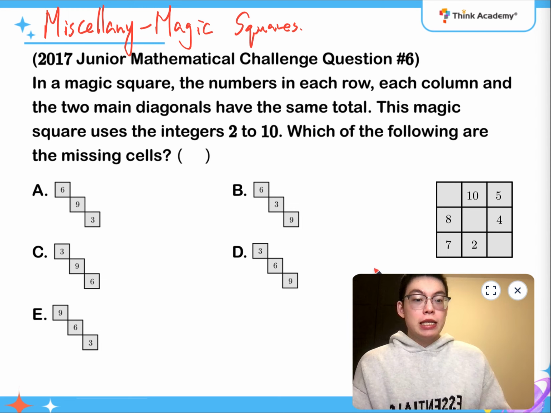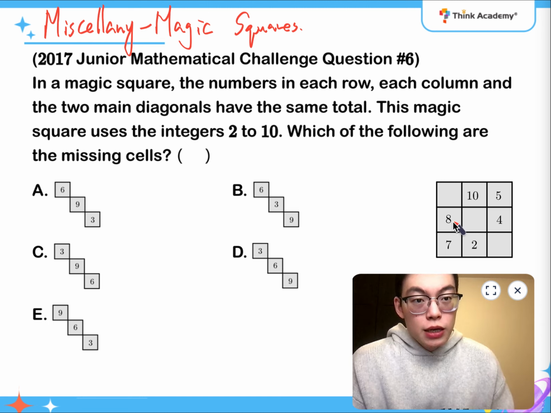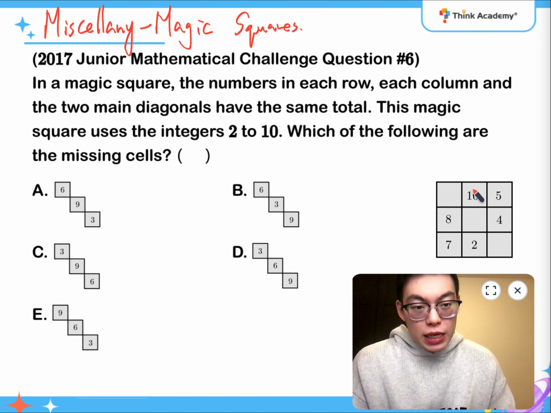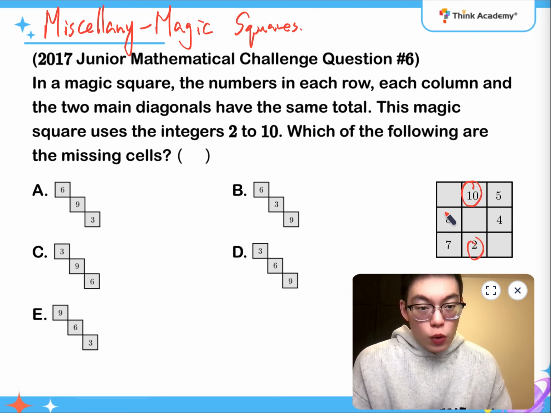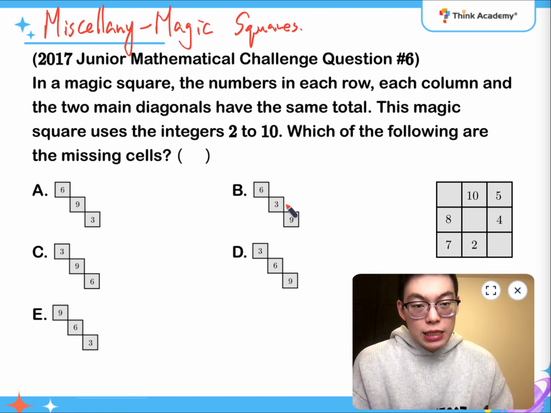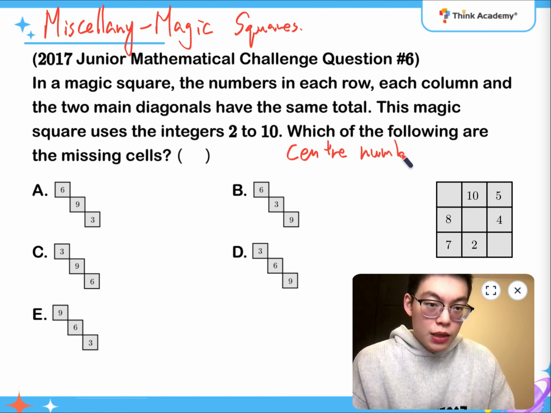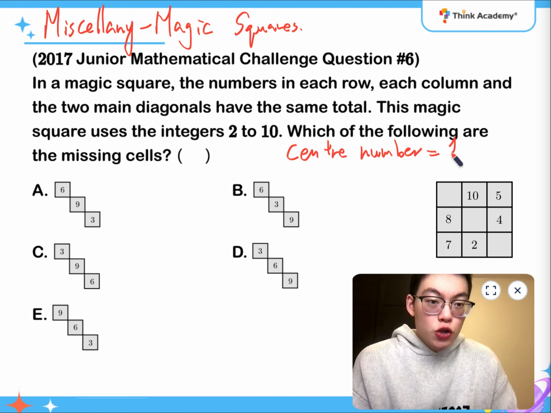So it means that it is equal to 1/2 of the two numbers on both sides of it. So we can see that 10 adding 2 is 12, 8 adding 4 is 12, 5 adding 7 is 12. So whichever pair you take, the center number is going to be 12 divided by 2, which is 6.